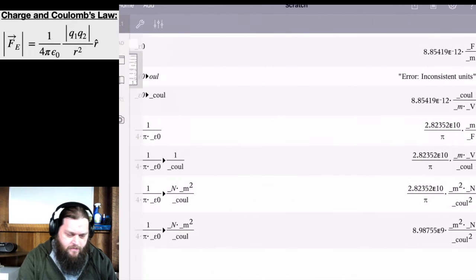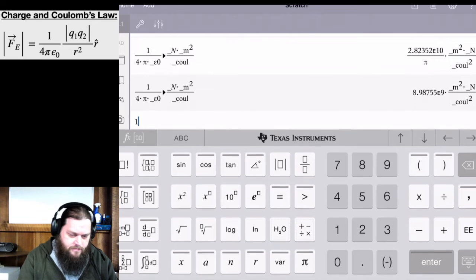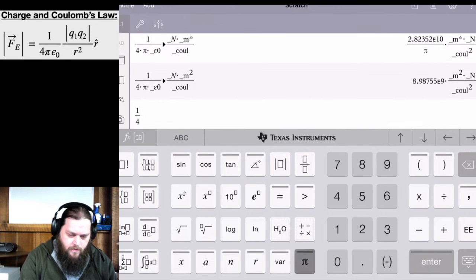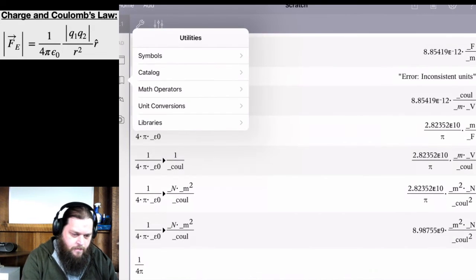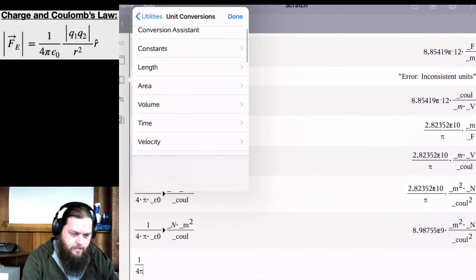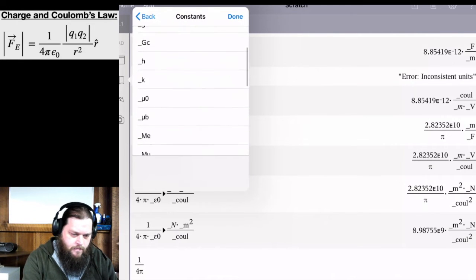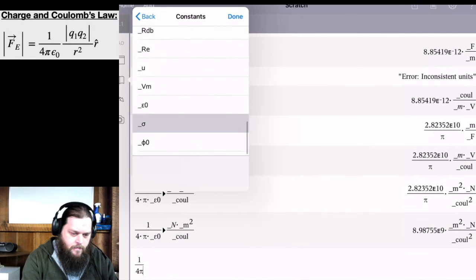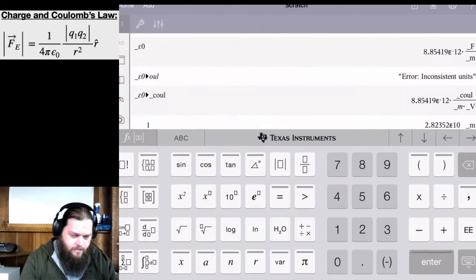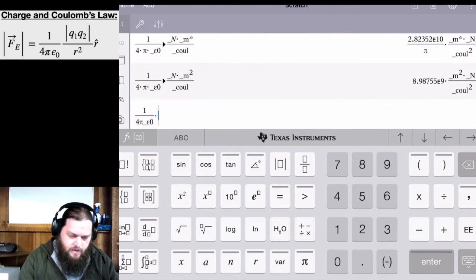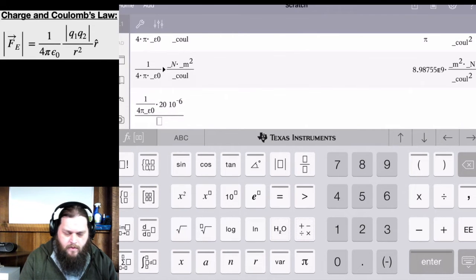Better calculator. 1/4 pi epsilon naught times 20 times 10 to the negative 6 coulombs divided by 0.16.